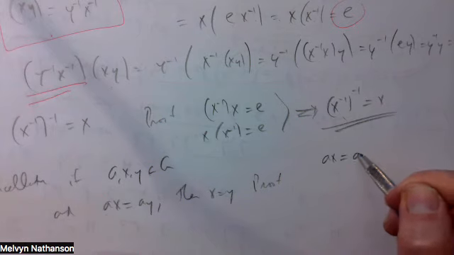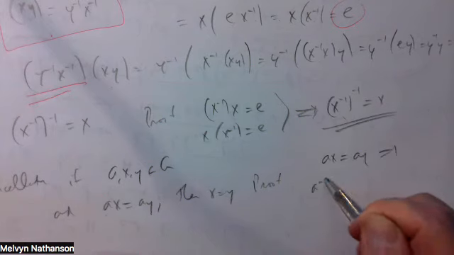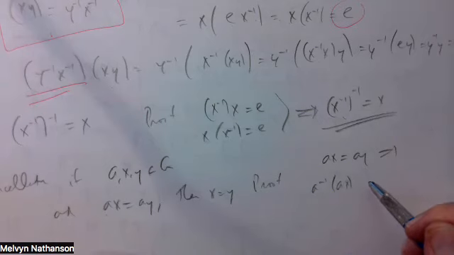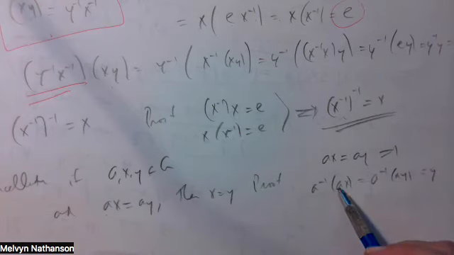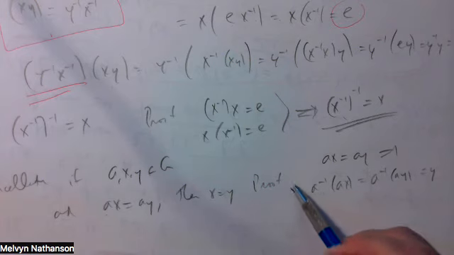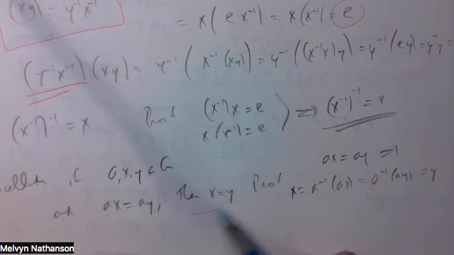If ax equals ay, then a inverse times ax equals a inverse times ay. But this is a inverse a times y, that's y. And this is a inverse a, the identity, times x, which is x. So x equals y. So you can cancel.